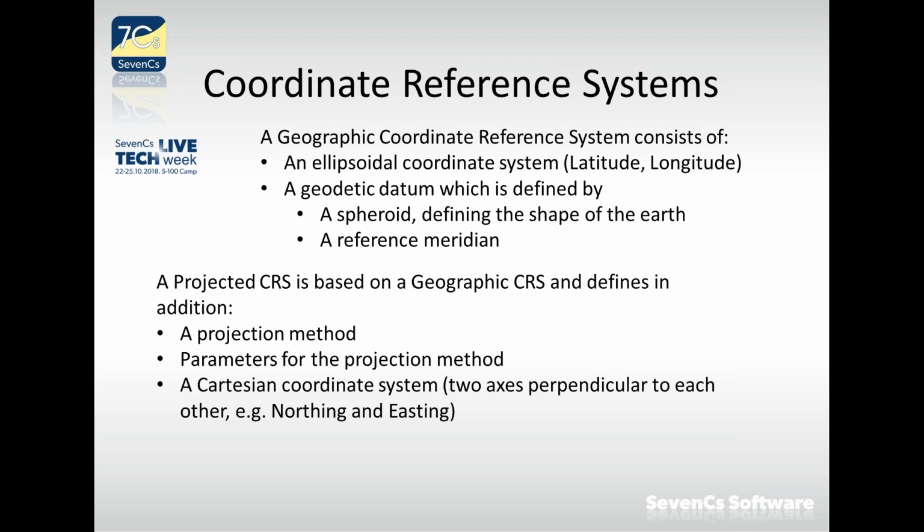In the coordinate reference system, we also have to add a geodetic datum, which consists of two things. First, it defines a spheroid, really defining the shape of the Earth, that means the dimension: what are the major and minor semi-axes of that ellipsoid? And we have to define a reference meridian. Those things together make a geodetic datum.